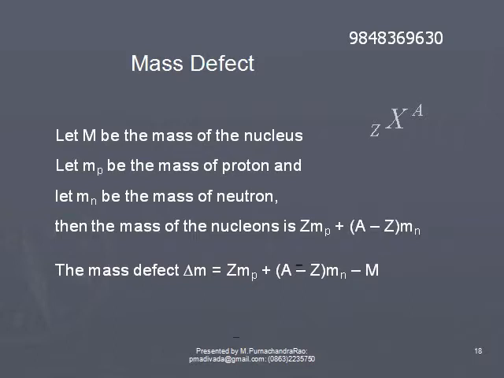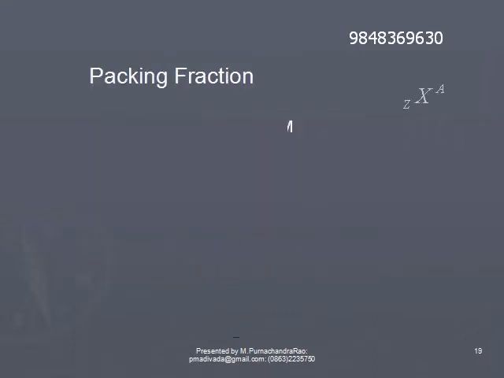So Z Mp plus A minus Z Mn represents the mass of the nucleons. And the mass of the nucleus is taken as capital M. Therefore, the mass defect delta M is equal to Z Mp plus A minus Z into Mn minus capital M.